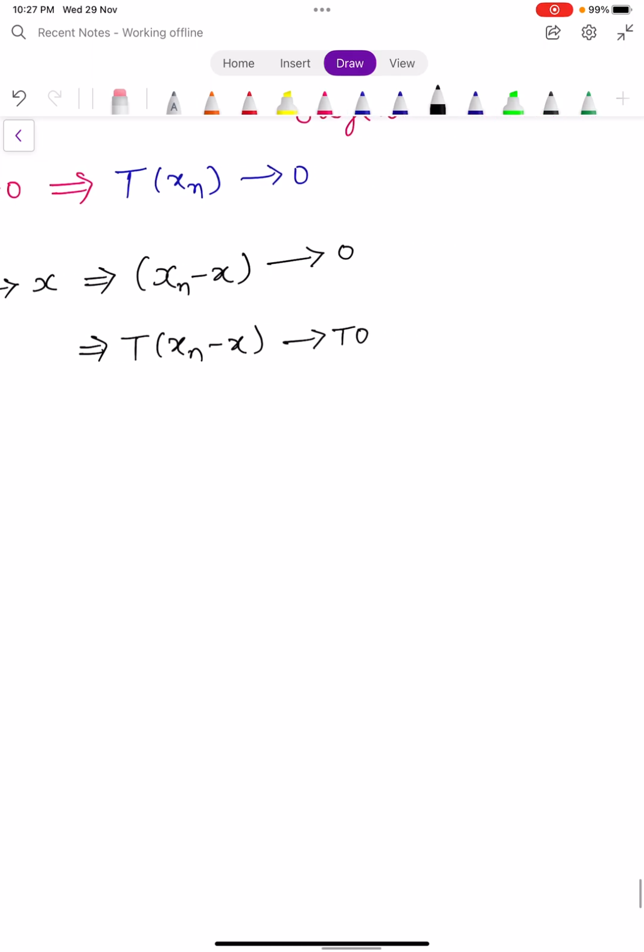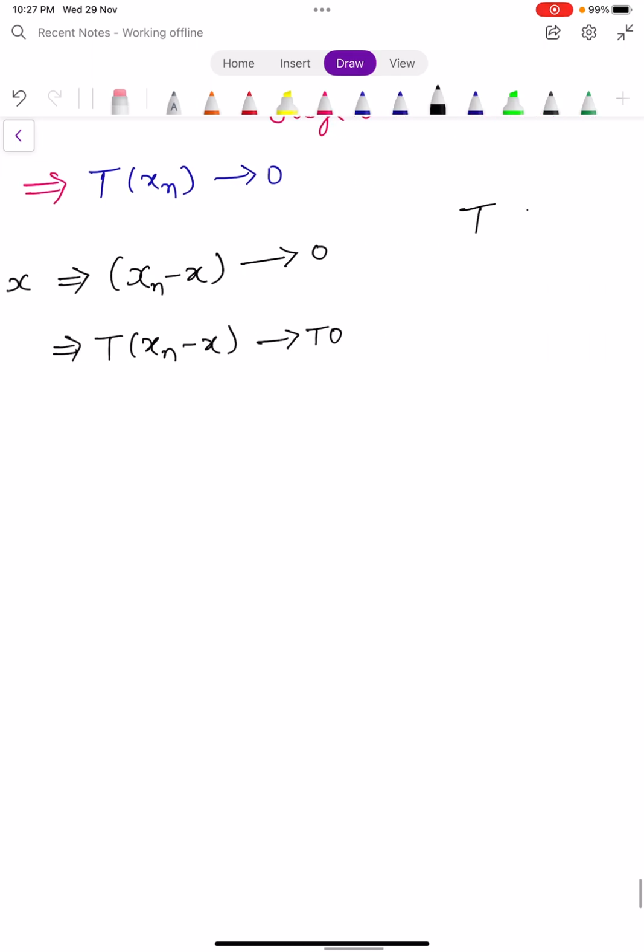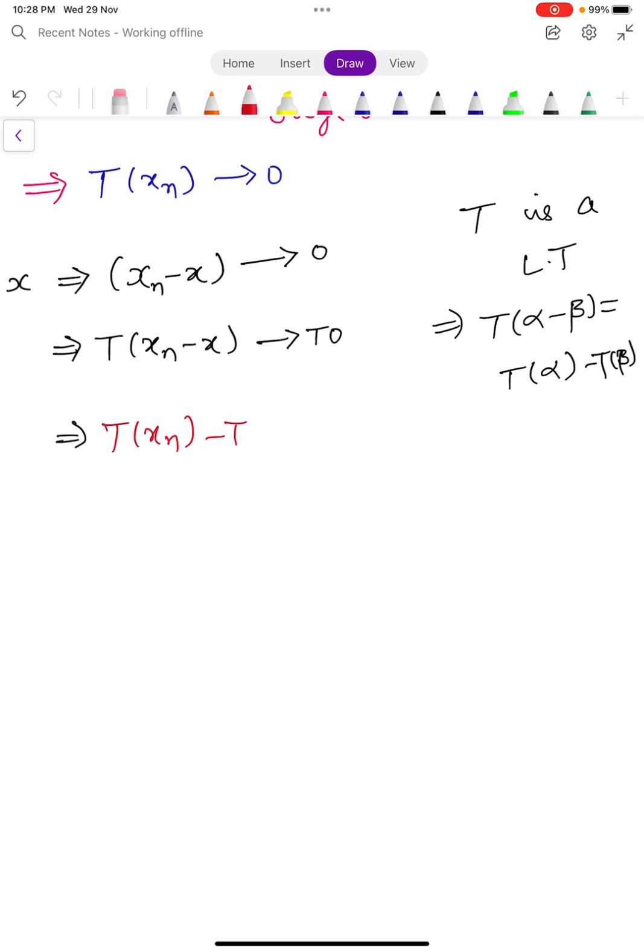Now we use two properties of linear transformation. Capital T is a linear transformation, which implies T of alpha minus beta is equal to T of alpha minus T of beta. By applying that condition, here it becomes T of xn minus T of x tends to T of 0. T of 0 is equal to 0.